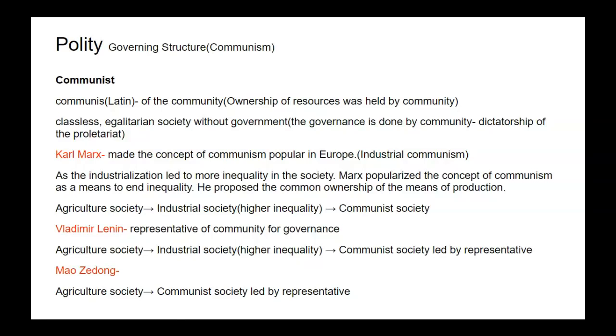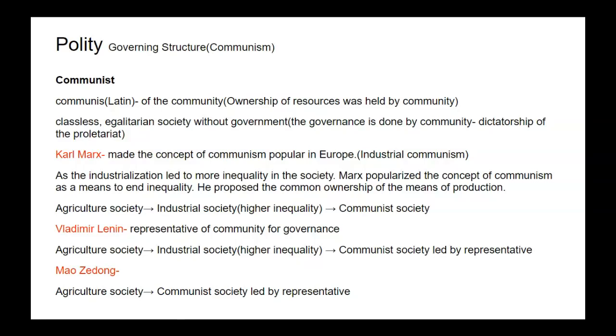He made the concept popular in Europe, based on industrial communism. As industrialization led to more inequality in society, Marx popularized communism as a means to end inequality. He proposed common ownership of the means of production.